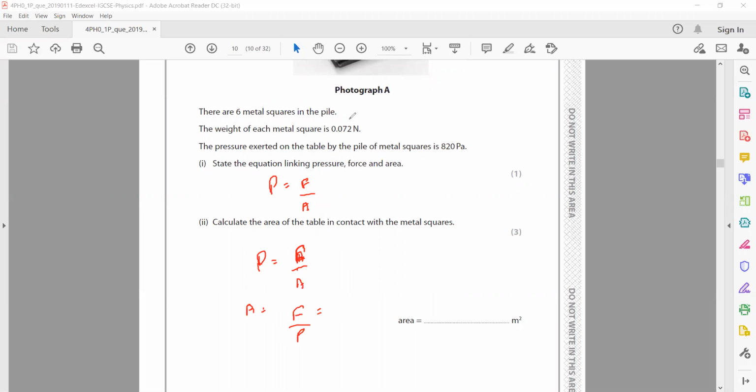The force: each metal square is 0.072 and there are 6 metal squares. So the total force will be 6 times 0.072, divided by the pressure, which is 820. So we'll get 0.00053 meter squared.